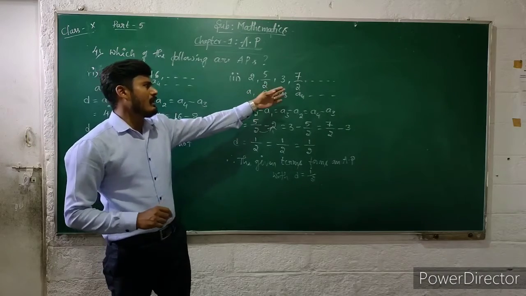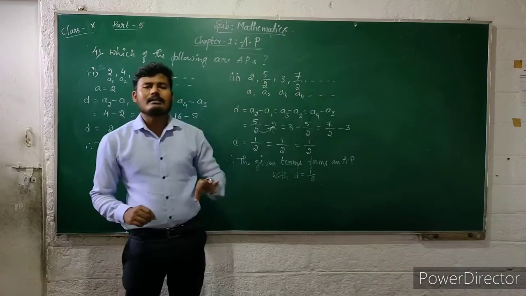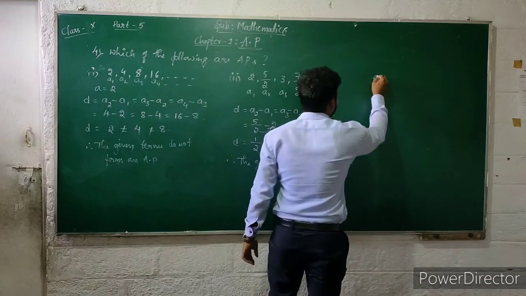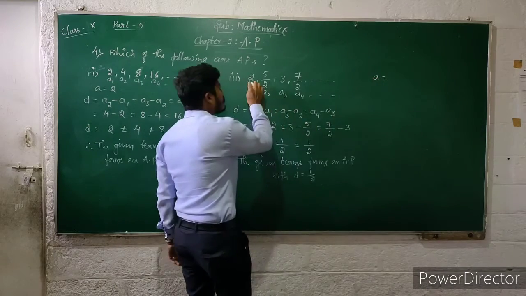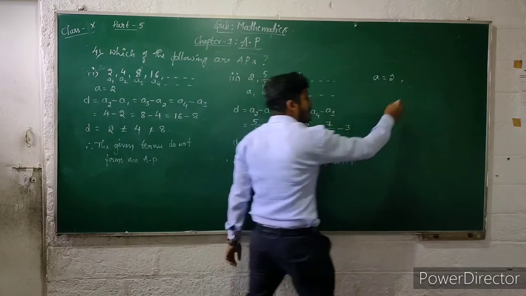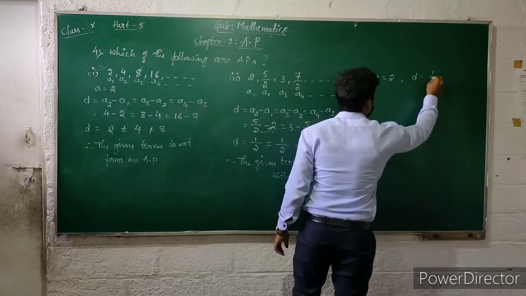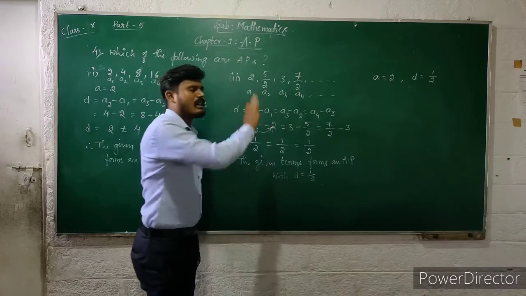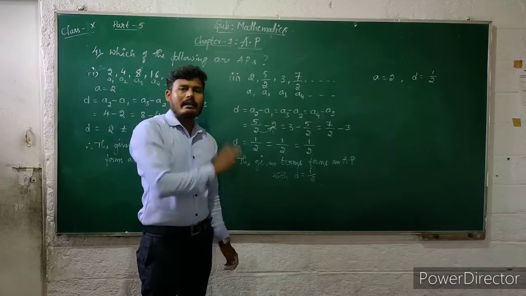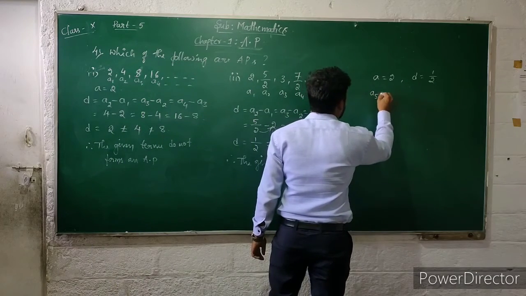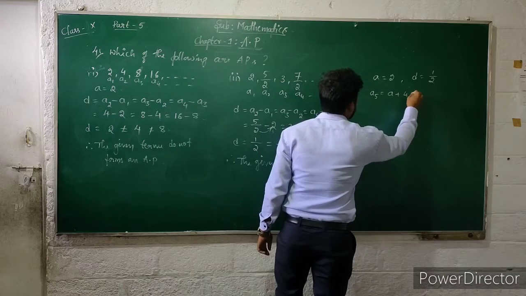The next 3 terms are the 5th, 6th, 7th. So write down the 5th term. Here a is equal to 2 and common difference d is equal to 1 by 2. Coming to the 5th term, because there are 4 terms already given, the 5th term is a plus 4d.